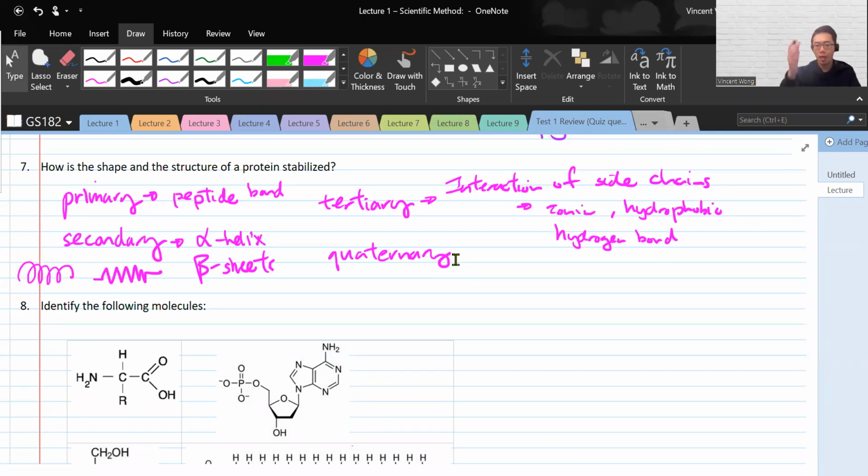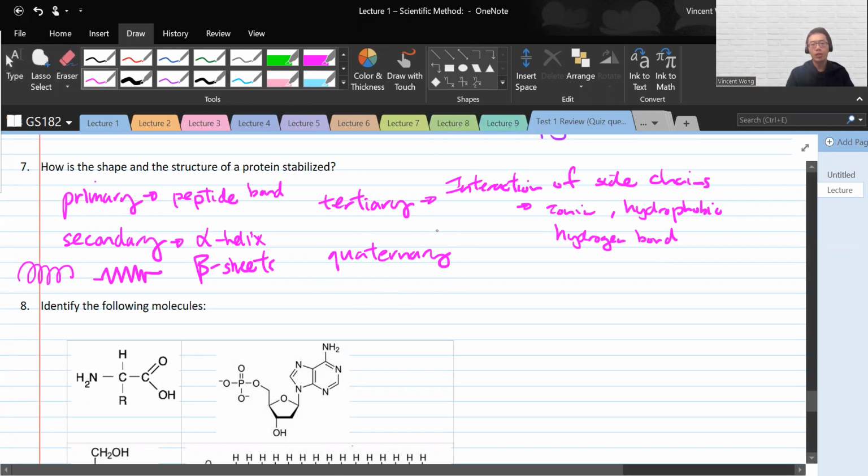As you know, the shape of the protein is directly related to its function. So if you alter the shape, you will alter its function. In many cases, you will lose the function completely and it will not work. There is a key and lock relationship between the shape and its function. And quaternary is not always there. This only happens when you need to have multiple proteins coming together to form a complex.